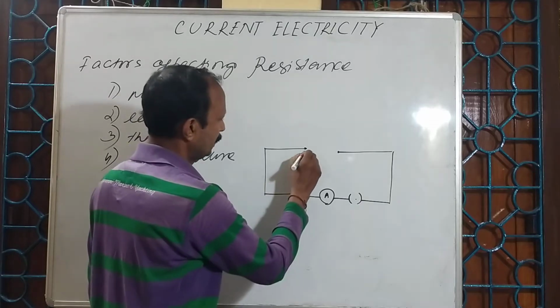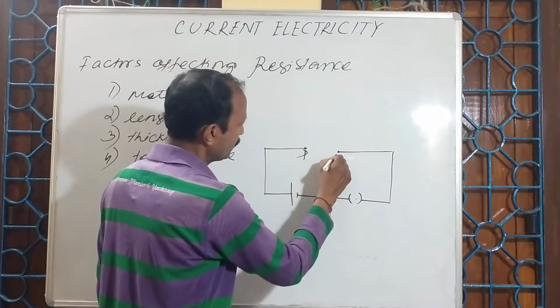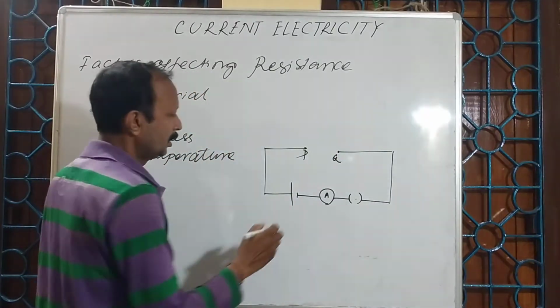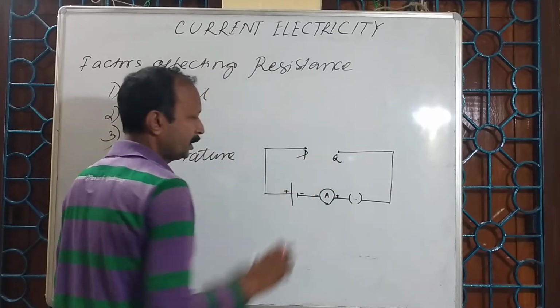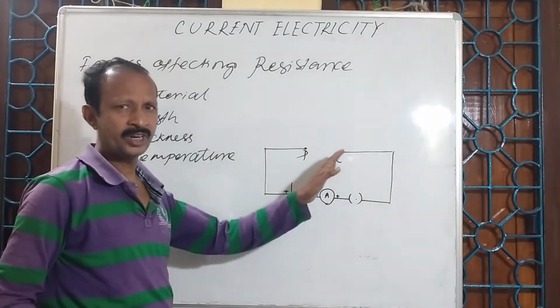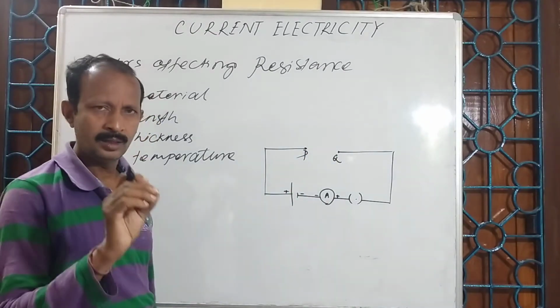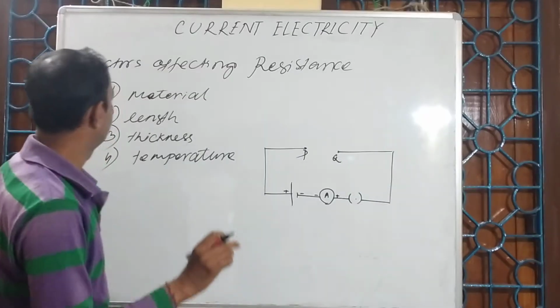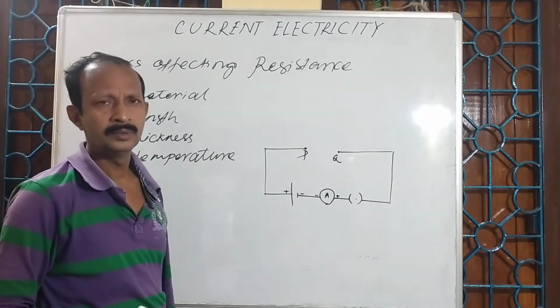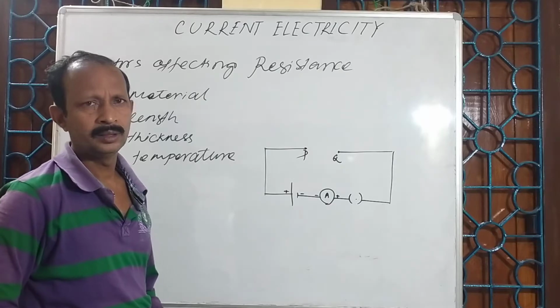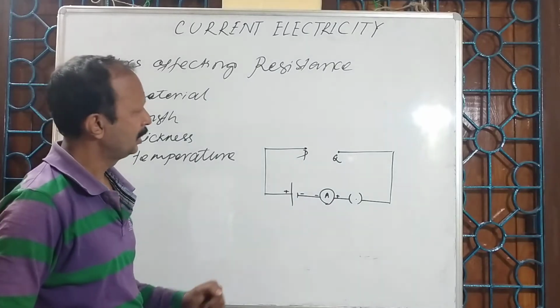See here, in this simple electric circuit, P and Q are two free ends. I want to explain the nature of the materials.